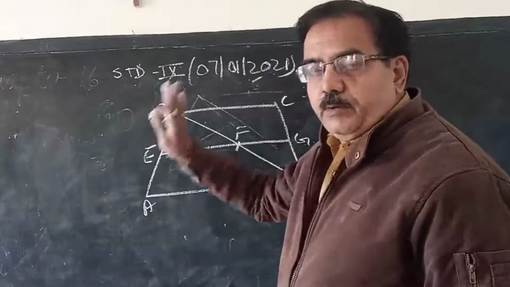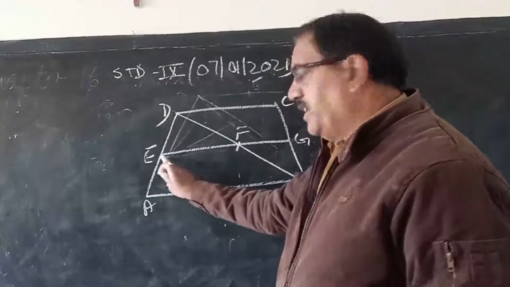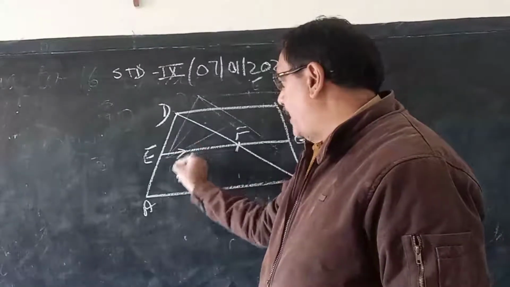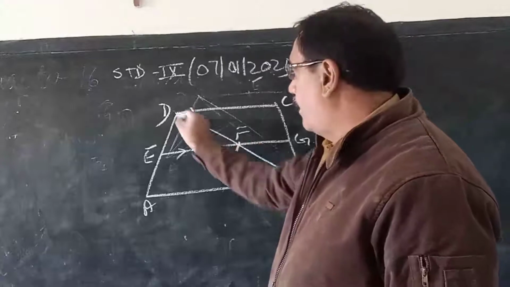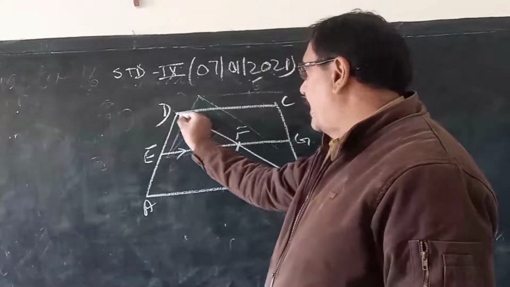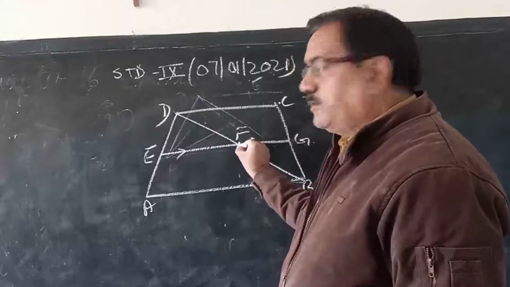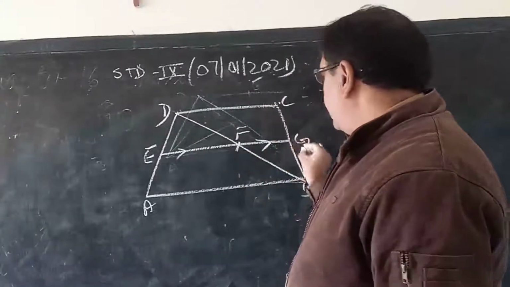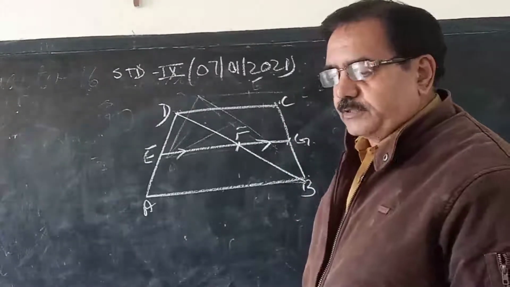So first of all, you have to prove this one. In triangle ADB, E is the given midpoint. So a line drawn through one midpoint parallel to AB, then F will be the midpoint of BD. Now in triangle DBC, F is the midpoint, and a line is drawn parallel to DC, then G will be the midpoint of BC. So we have proved this one.